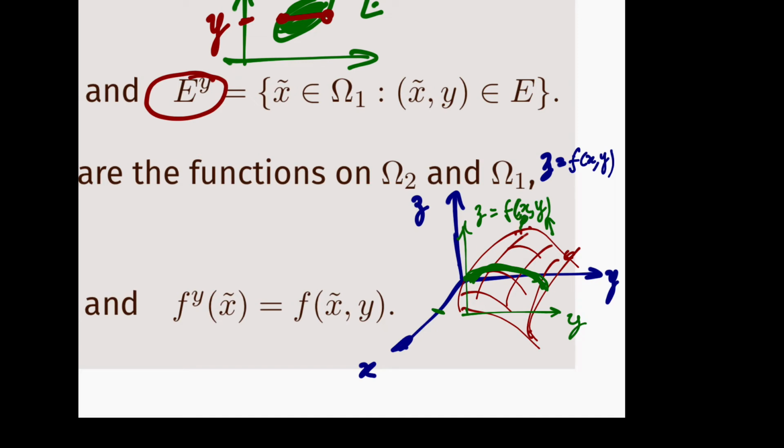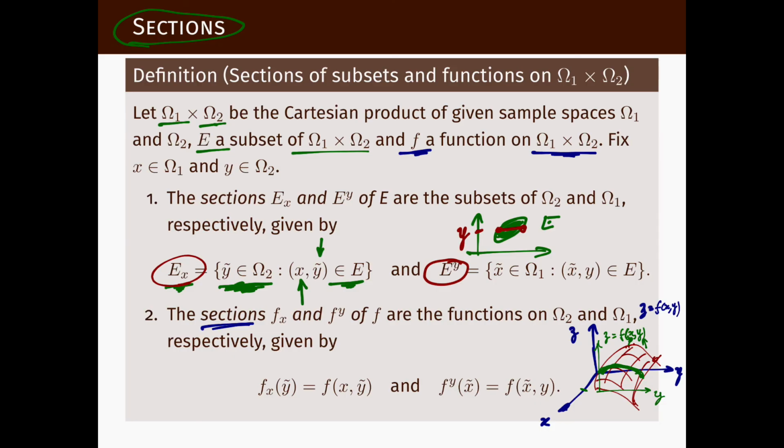And because x has been fixed, we remove it from the argument in the notation and we put it as an underline here to make it clear that x has been fixed and this is now a function that depends only on y.